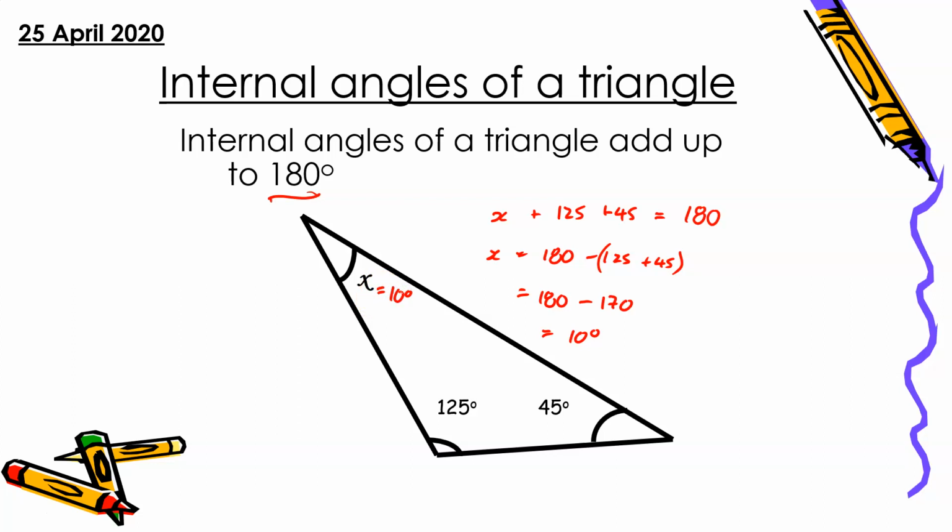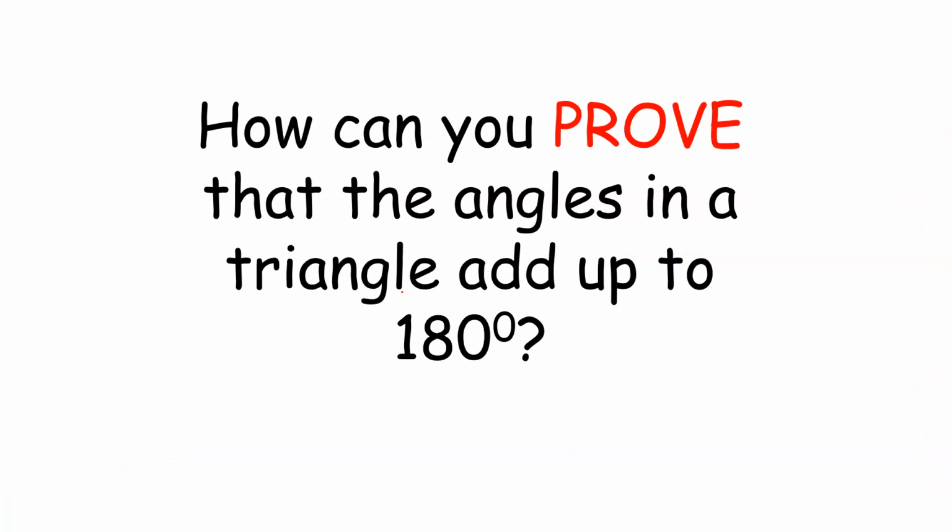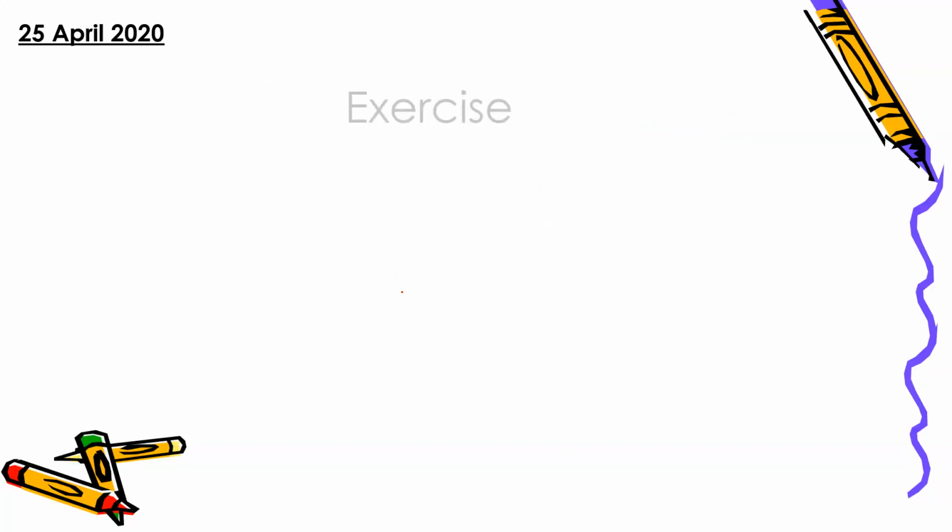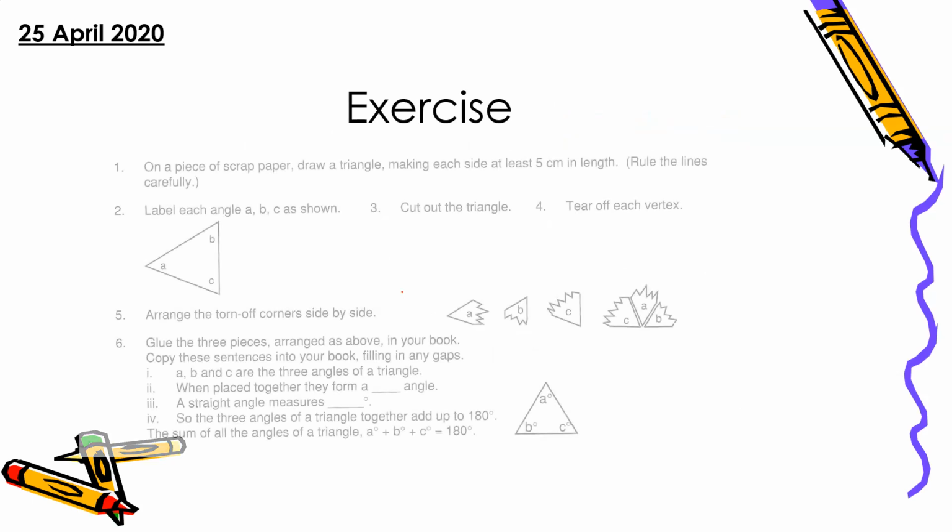But the bigger question is, how do we know that all the angles in a triangle add up to 180? So how can we prove it? There's a number of ways we can do it. The first one I want you to do is have a go at the following exercise. You will need a scrap piece of paper and a ruler, and then just choose a triangle of any angle, any size, as long as all the points meet.